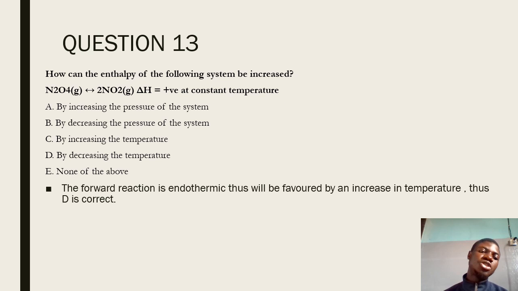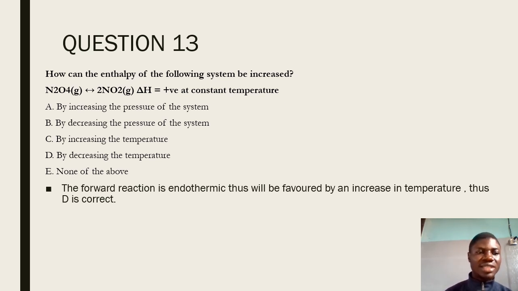When we look at the pressure, the number of moles of gas on the left hand side is 1, the number of moles of gas on the right hand side is 2. From Le Chatelier's principle, which states that if an external stress, for example an increase or a decrease in pressure, is applied to a reversible system at equilibrium, the position will shift in a direction that tries to annul or cancel the effect.